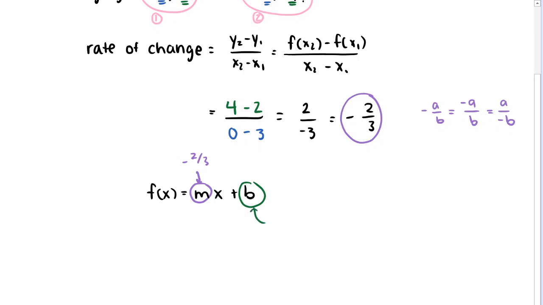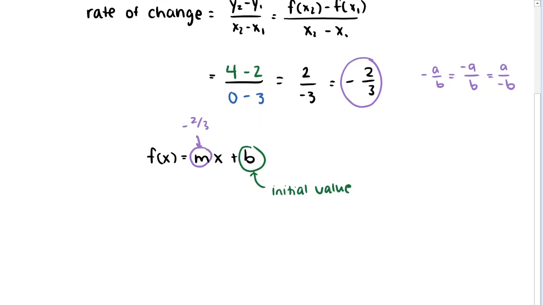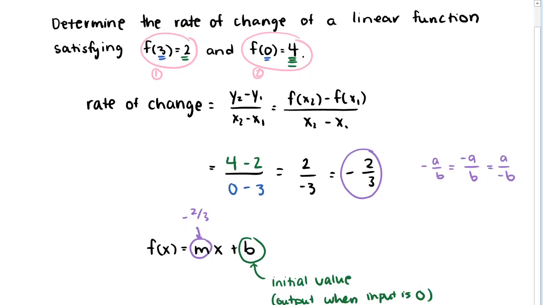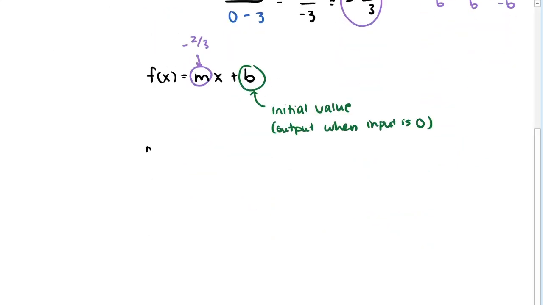And what I mean by initial is it's the output when the input is 0. And if we look back at our 2 pieces of information that we started with, we actually were given this. We were given that the output when the input was 0 is 4. So this linear function is actually f of x is equal to negative 2/3 x plus 4.